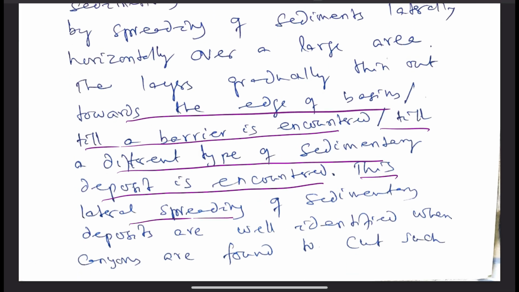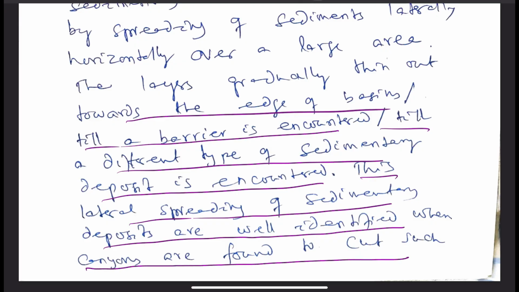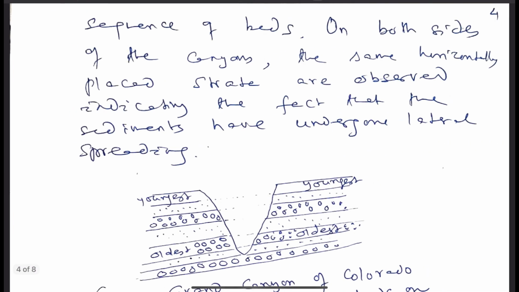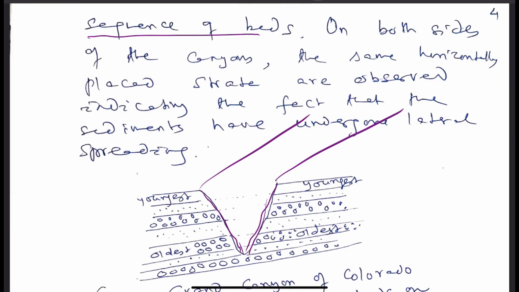This lateral spreading of sedimentary deposits is well identified when we see any canyon which cuts across the sequence of beds deposited by a river. Let us say this is a canyon. A canyon is a long, linear, steep depression in the river bed. On both sides of the river we find these layers.